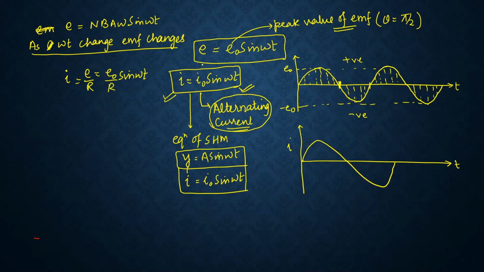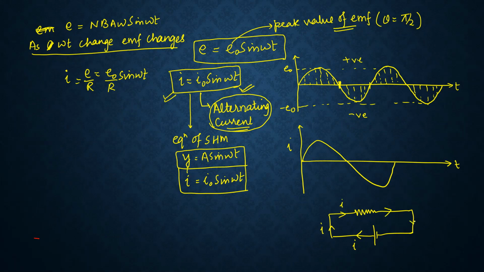Now we have seen direct current, and in direct current we have a positive terminal and a negative terminal. We have a circuit and some load is provided to this circuit, and we give the actual direction of current.